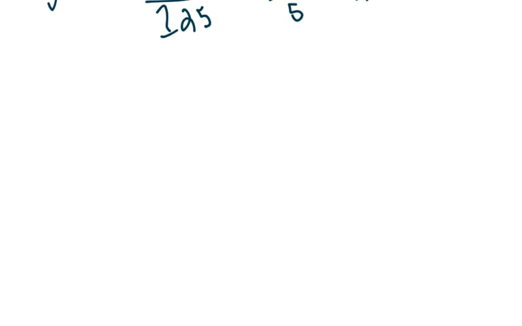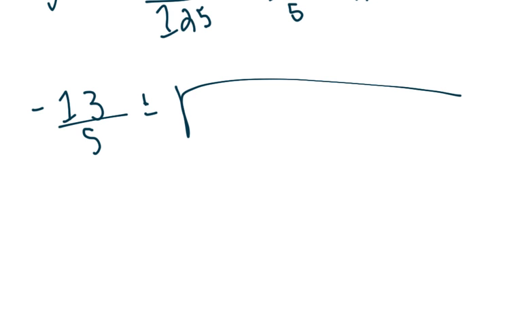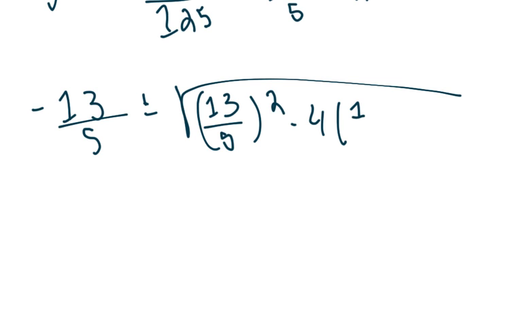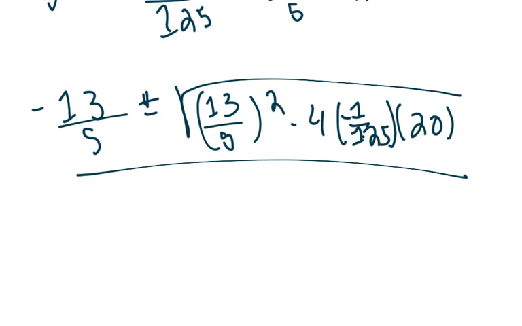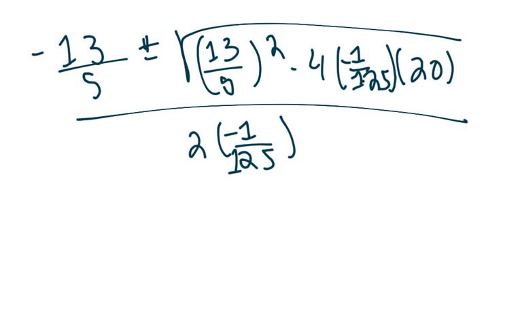And then we plug this back into the quadratic formula. So this is our negative b plus or minus square root of b squared minus 4 times a times c, which is our c, over 2 times a, and we get 2 points.